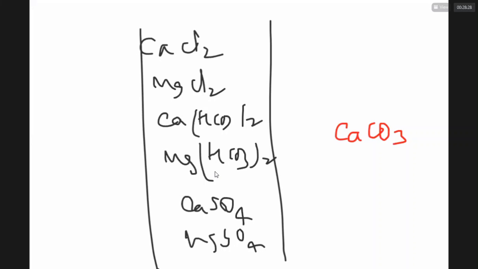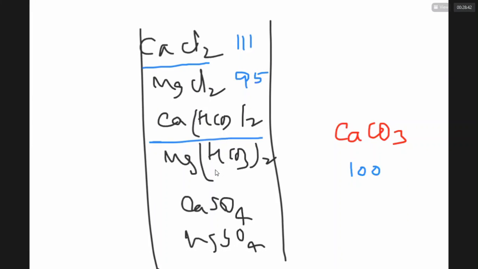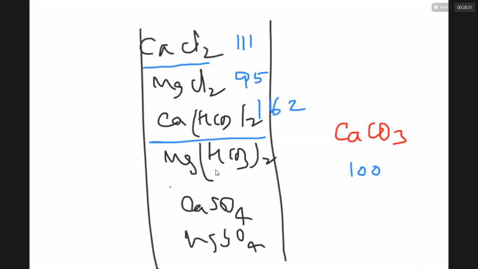The molecular weight of CaCO3 is 100. CaCl2 molecular weight is 40 plus 71, 111. MgCl2 molecular weight is 95. Calcium bicarbonate molecular weight is 162. Magnesium bicarbonate molecular weight is 146.